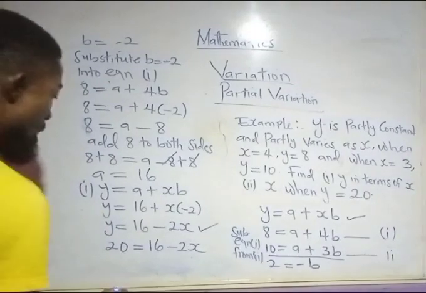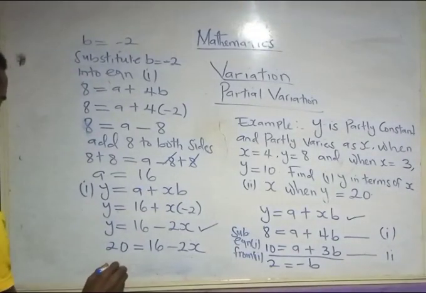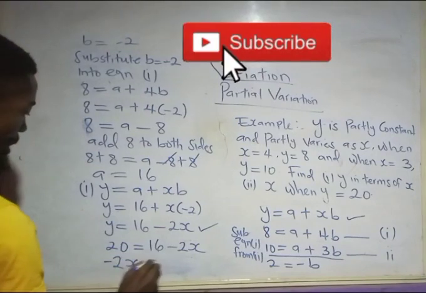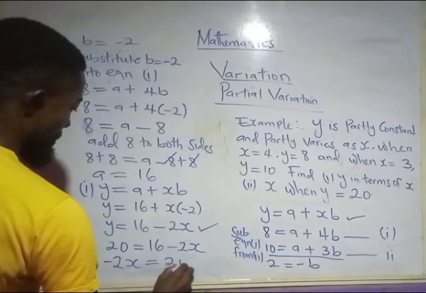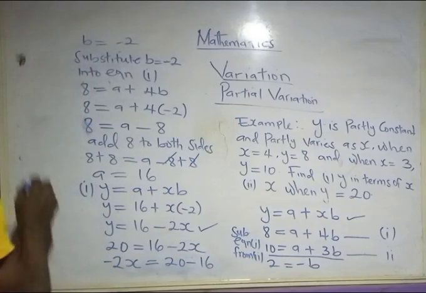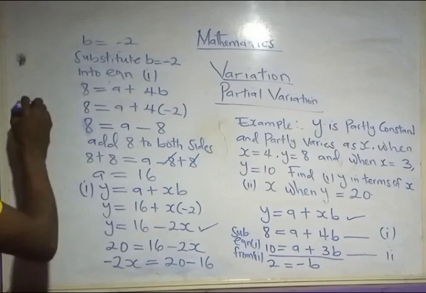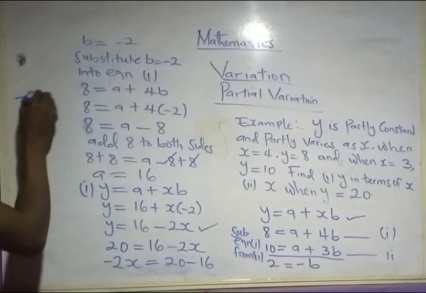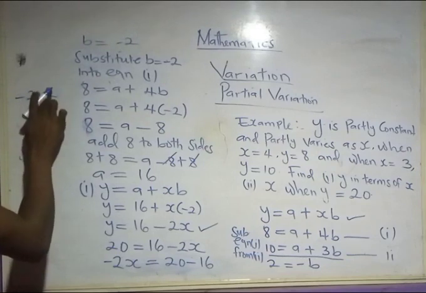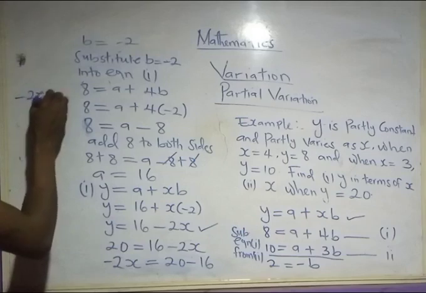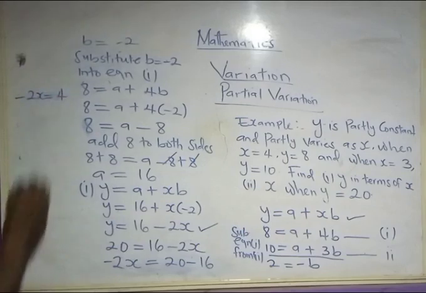Okay. Now to make it faster, we have it this way: minus 2x, rather, equals 20 minus 16. So we're going to have 20 minus 16 is 4. We're going to have minus 2x equals 4. So what do we need to do again?